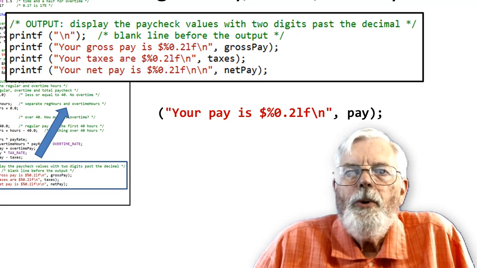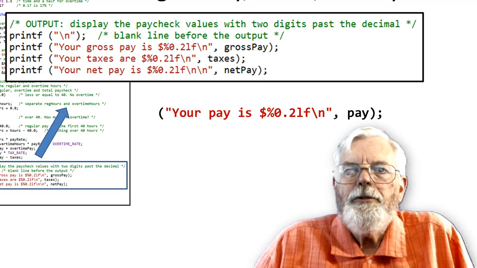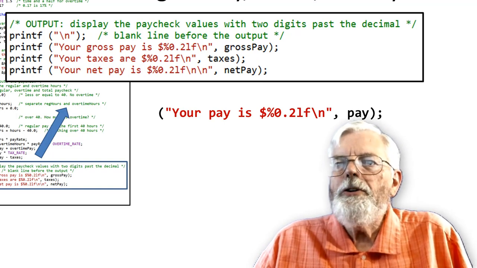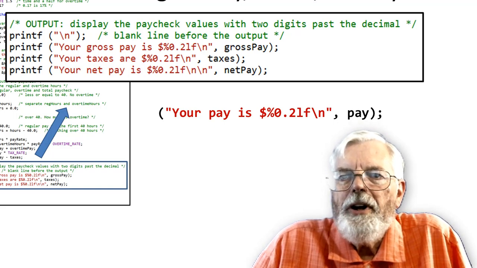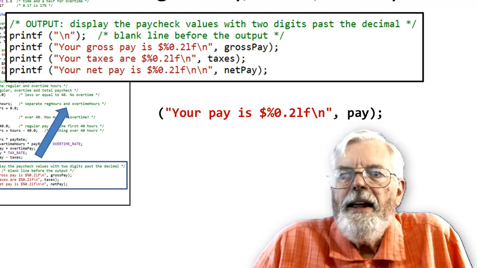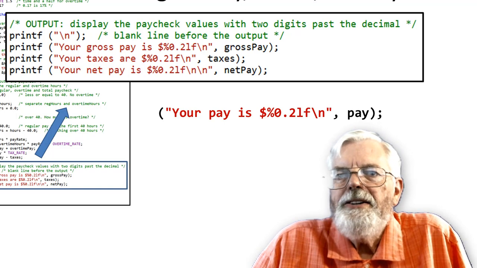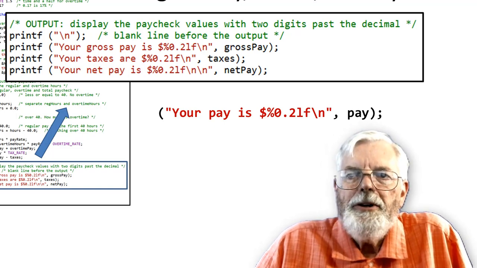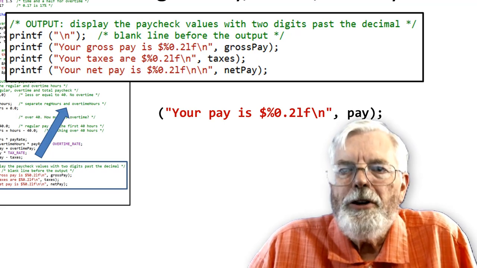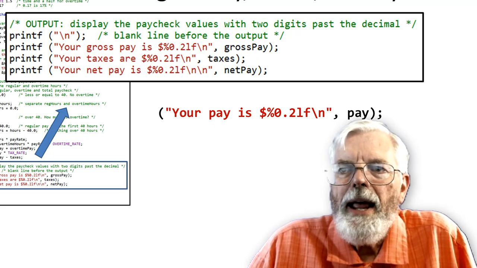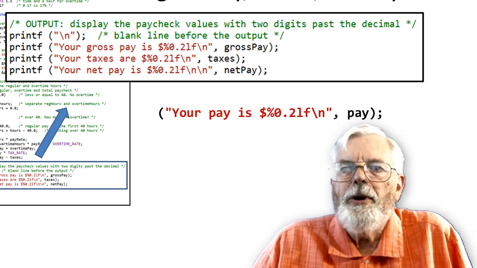The %0.2lf tells printf to replace the %0.2lf with the data that is in the next printf parameter. The lf identifies that the data is expected to be of type double, and the 0.2 says a minimum of 0 characters on the screen, including the decimal point, and 2 characters past the decimal.